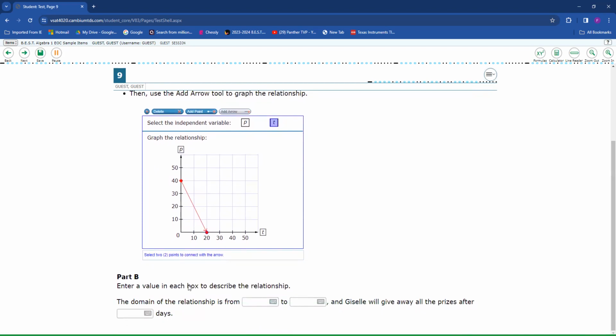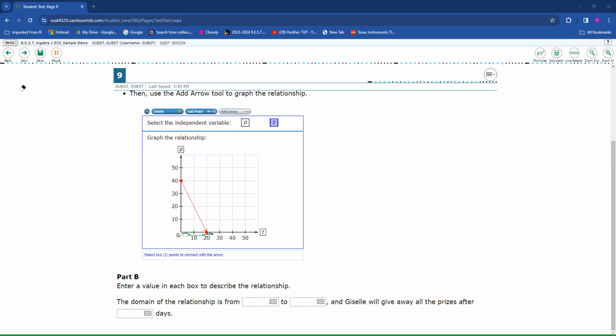Okay, so the domain is the x values. This graph covers the x values, in other words t, right? From 0 to 20. It begins at 40, so it doesn't go to the left of 0, like that.